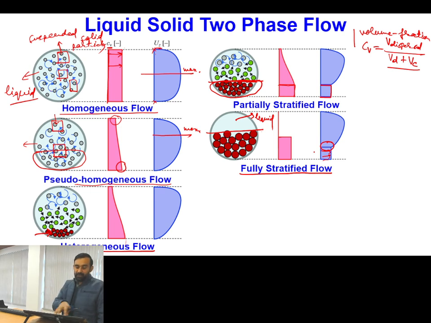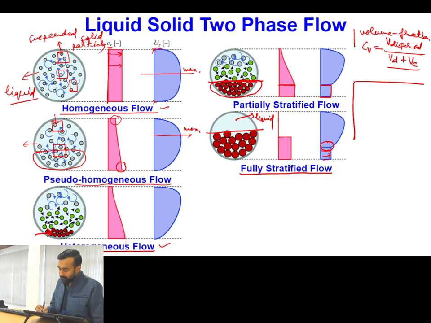Now these flow regimes, particularly the homogeneous and heterogeneous flows, have an important connection between the local volume fraction within the pipe and the delivered volume fraction of the fluid medium. Okay. So let me define one other parameter. This is the local volume fraction within the pipe, or at any cross section of the pipe, whatever we have defined.